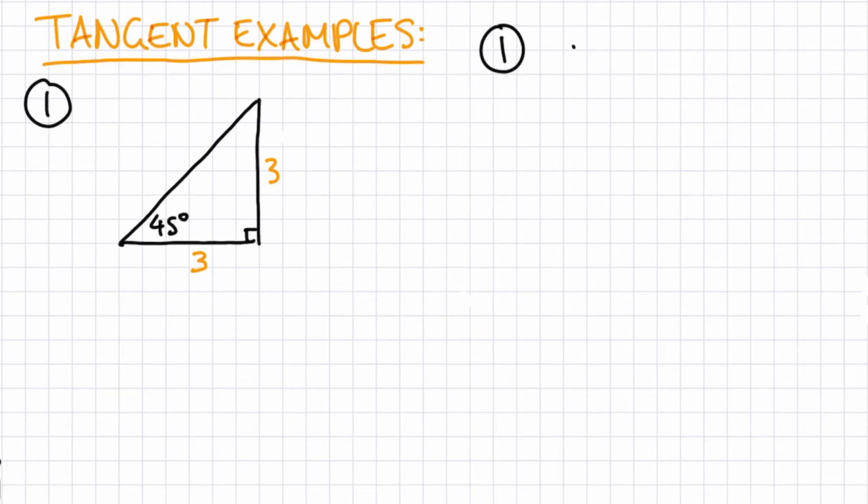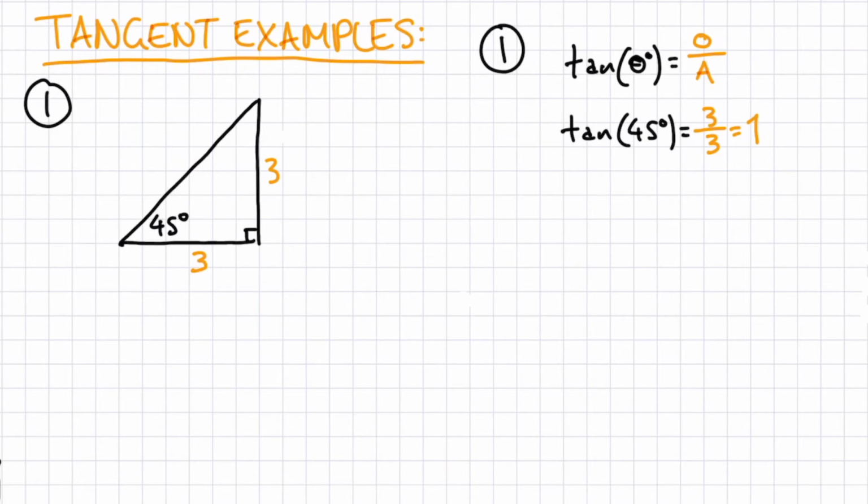The opposite is 3 and the adjacent is 3. And now we know that tan of theta equals the opposite over adjacent, okay? Now, what we've got, tan of 45 degrees is actually going to equal 3 over 3, which equals 1.